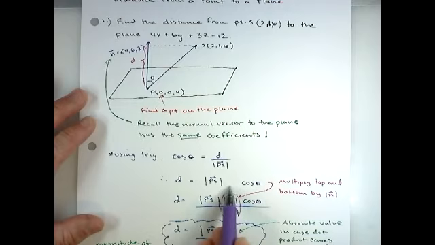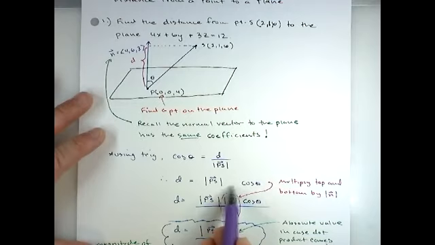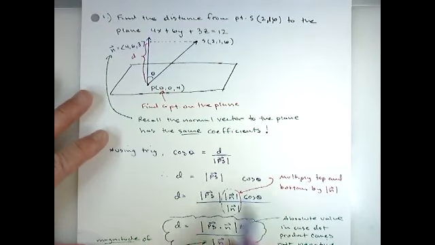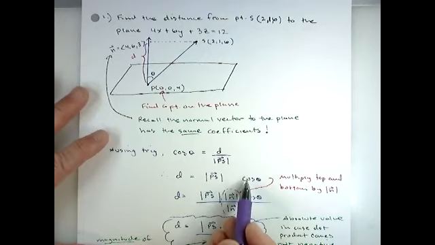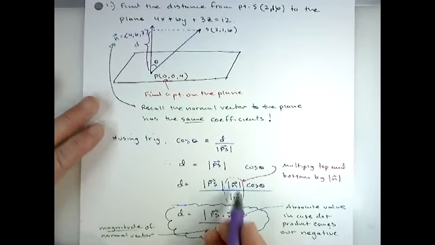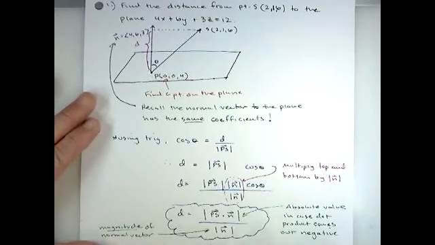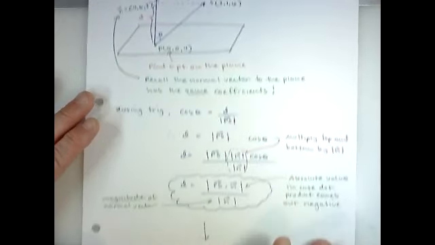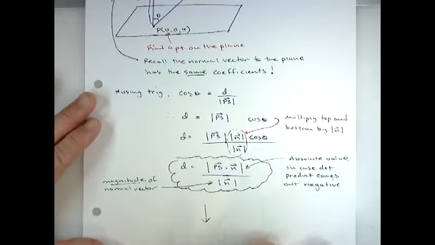Notice I left a blank, just like I did on the previous distance formula, because the strategy for finding the formula is very similar. This almost looks like a dot product. What's missing is the magnitude of n. So if I multiply top and bottom by the magnitude of n, which is just like multiplying by 1, I have a nice formula now.